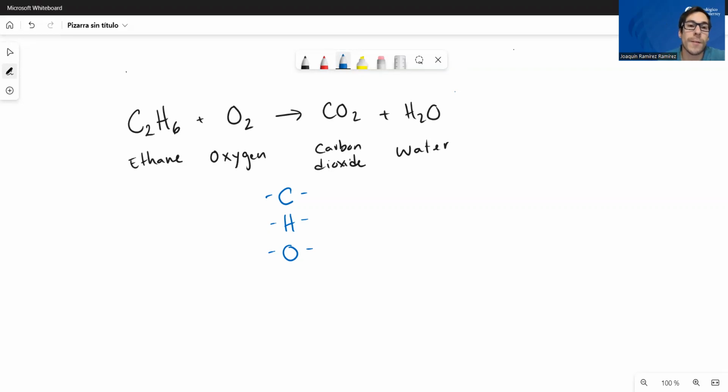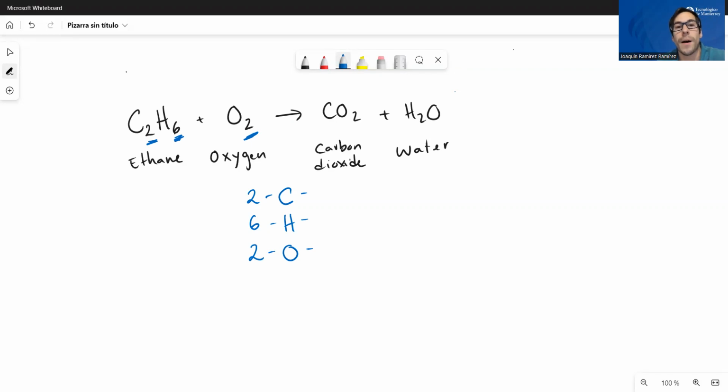So in the case of carbon, in the left part, we have two carbon atoms represented by this C2. So I will write the number 2 here. Now, in the case of hydrogen atoms, I have 6 hydrogen atoms, so I will write the number 6. And I have 2 oxygen atoms.